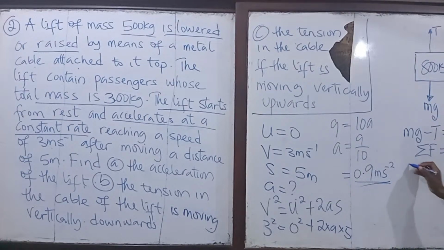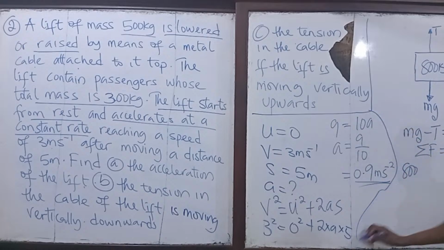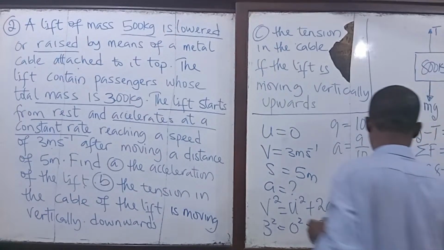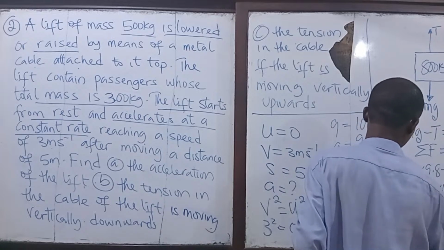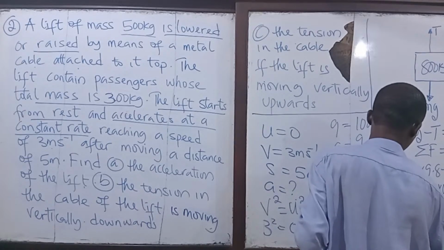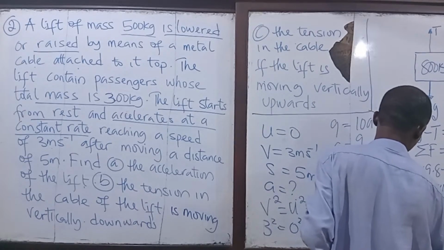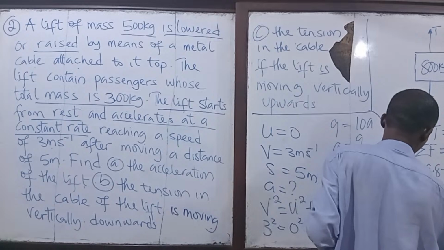Your mass is 800, so 800 times 9.8 minus T equals ma, that's 800a, that's 800 times 0.9. You can make the tension the subject, moving it to the other side: T equals 800 times 9.8 minus 800 times 0.9.